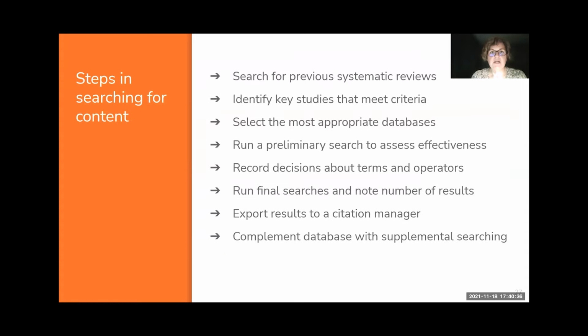Okay. But basically, what are the steps in searching for content? There are many steps. Lindsay already talked about it, but the first step is to see, is there any other systematic review, I would say recent, on your topic? And if there is, then you and your team might need to ask yourselves if you want to continue or maybe change the topic, or at least slightly.